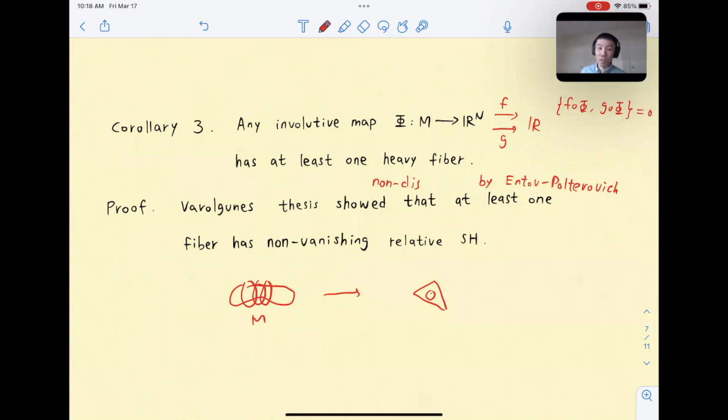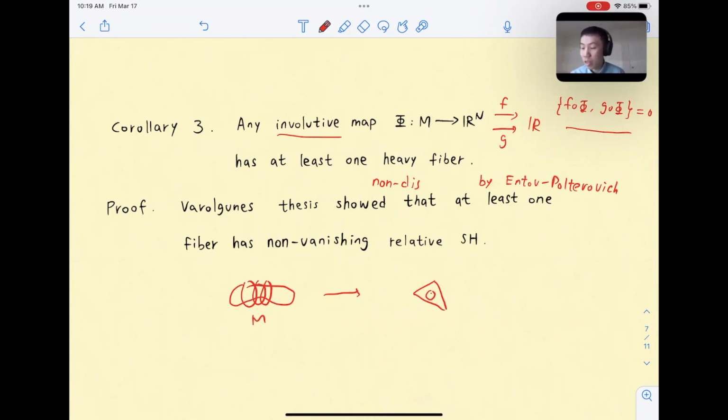And this involutive property, the Poisson commutativity, enables us to play the Mayer-Vietoris game for multiple sets. Since each piece has vanishing invariant, each piece has zero invariant, we could not put them together to recover the quantum cohomology. So that's the contradiction. So that's the proof.